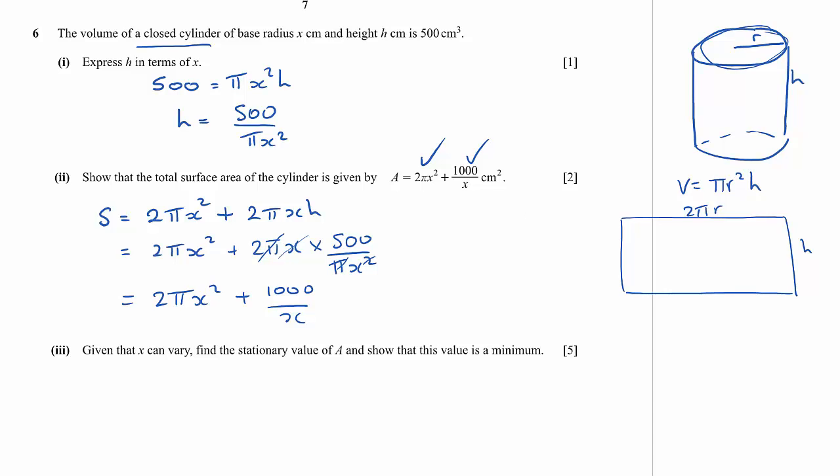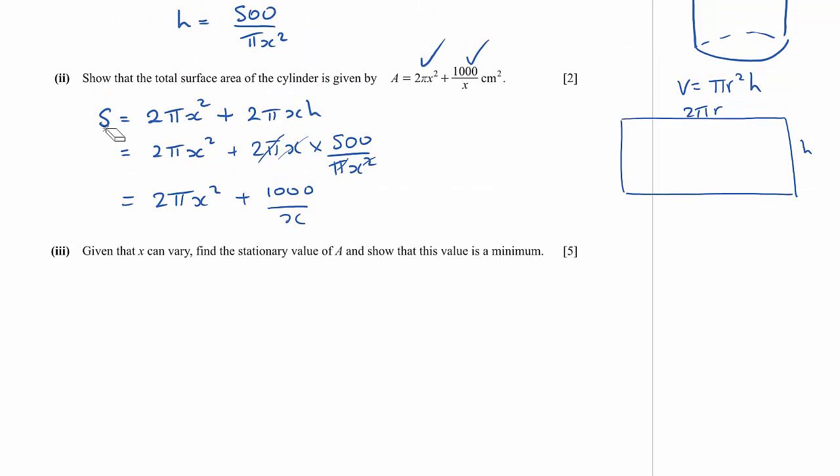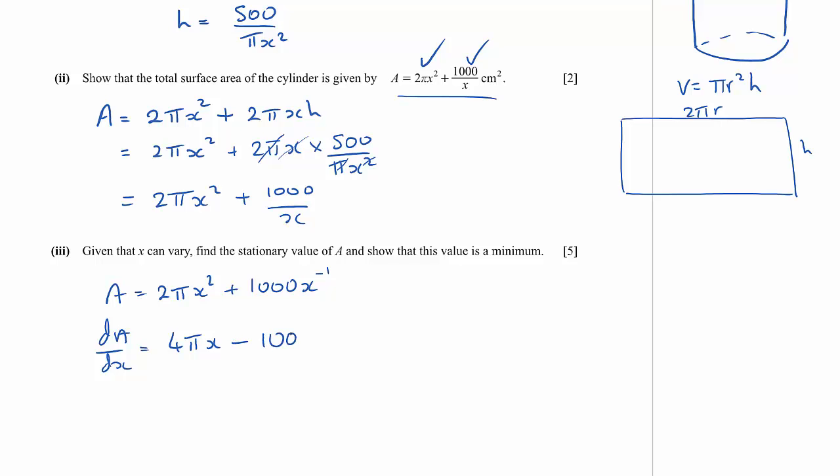So, given that x can vary, find the stationary value of a. I used s instead of a. So we can do that even if you couldn't show this expression, remember. So a is going to be 2 pi x squared plus 1,000 x to the negative 1. So dA dx is going to be 4 pi x, take away 1,000 x to the negative 2.